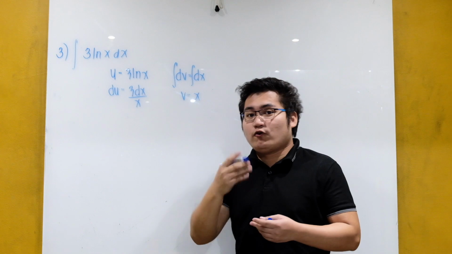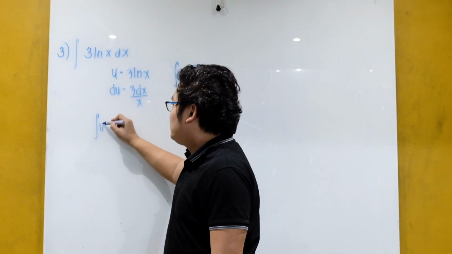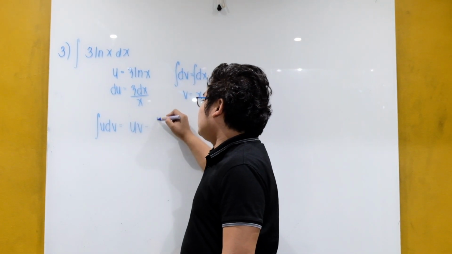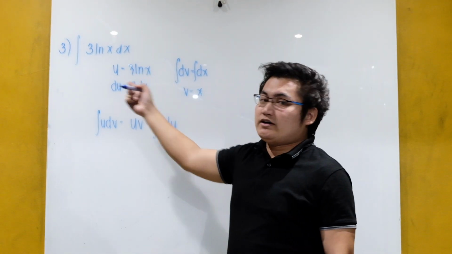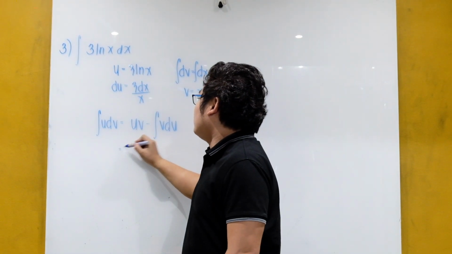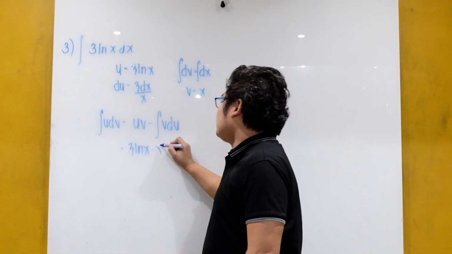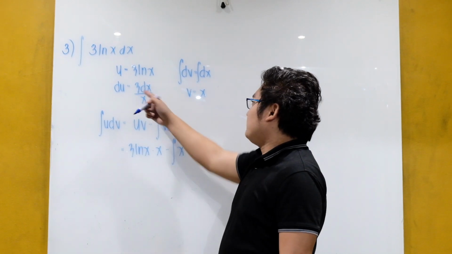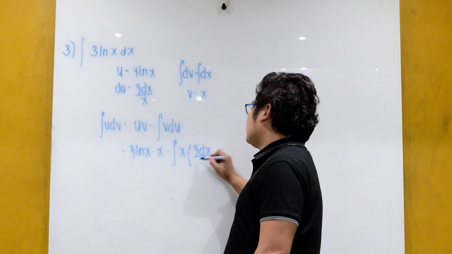Following the formula for integration by parts, the integral of udv is equal to uv minus the integral of vdu. So substituting the variables, this will become 3 ln x multiplied by x minus the integral of x multiplied by 3dx over x.